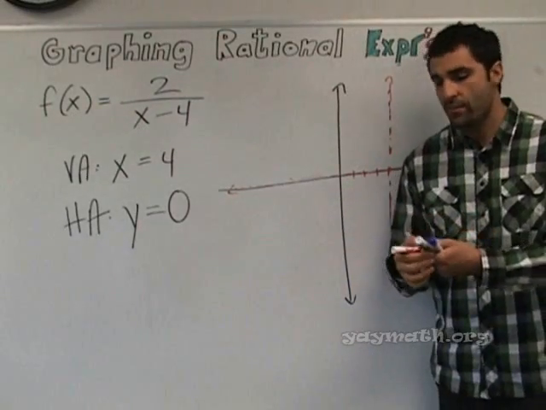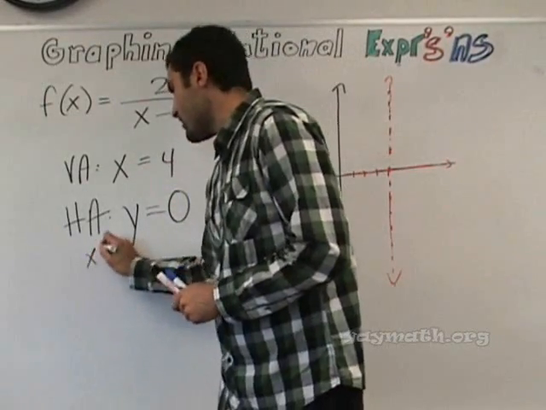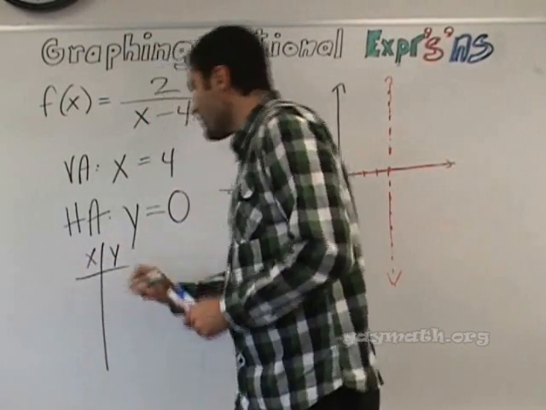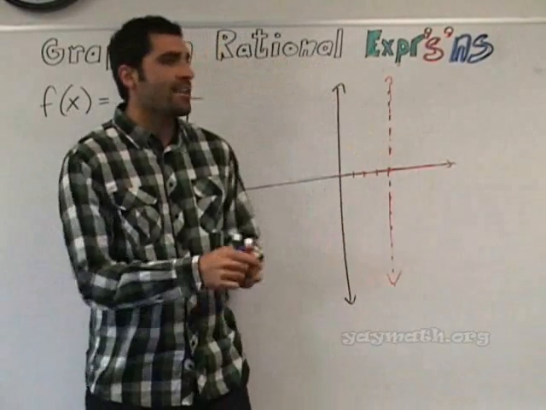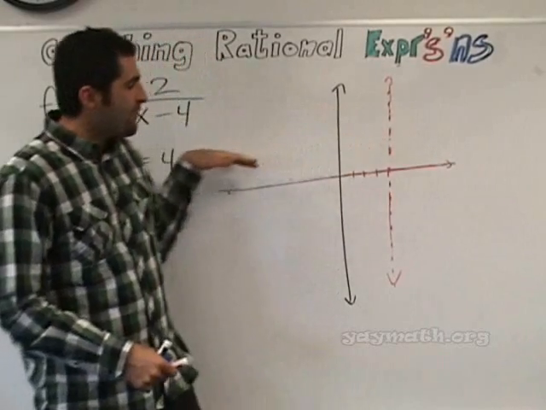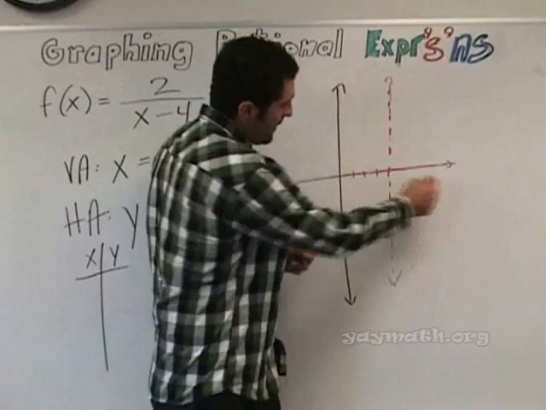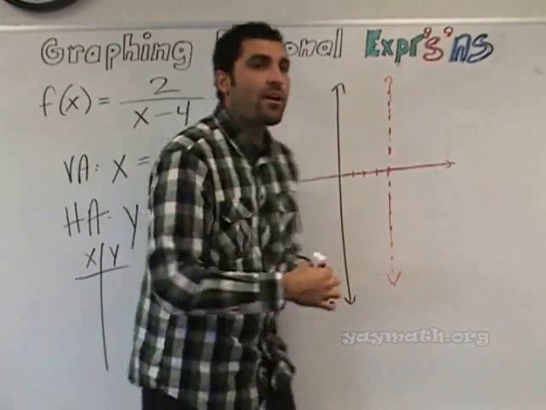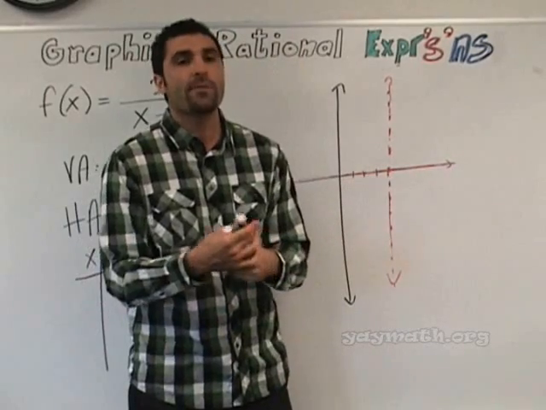And plotting points. When it comes to plotting points, let me make a suggestion. Notice vertical asymptote here at 4. So the action will be around this, won't it? Won't the graph either come up and hug it here, or maybe down from here? So I'd recommend plugging in points that are near 4. So instead of 4, what can we plug in for x?